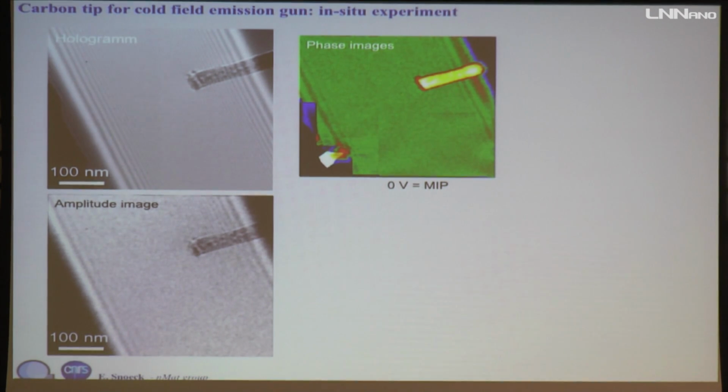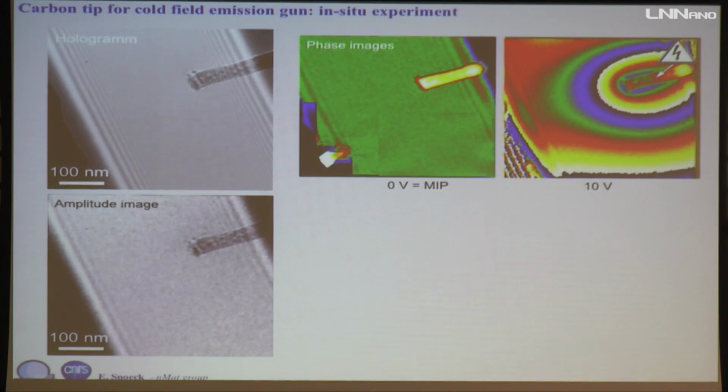And then you increase the voltage. You put 10 volts between this point and the anode, which is far away from the board, but okay. Actually, I guess the anode is just almost there. And then you see in the vacuum some electrostatic field due to the fact that you have put a voltage between this point and this point.